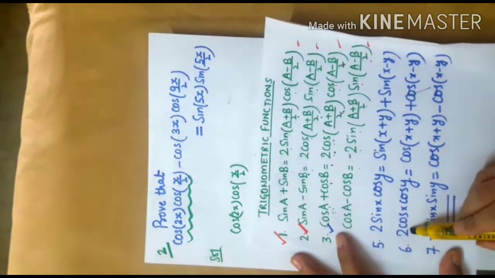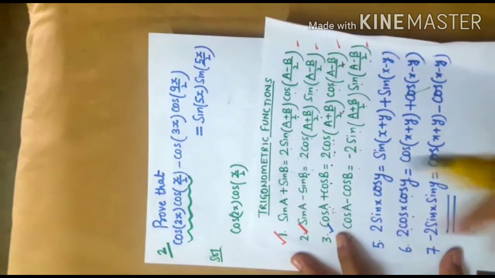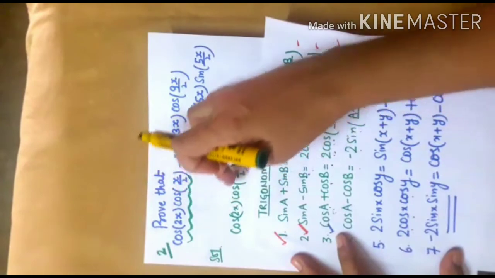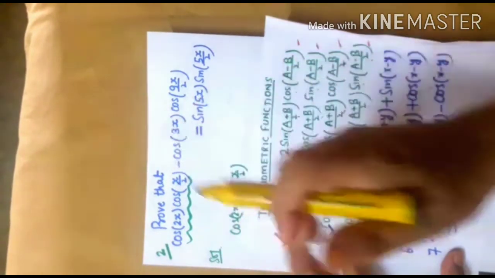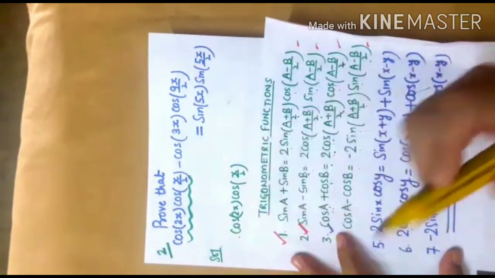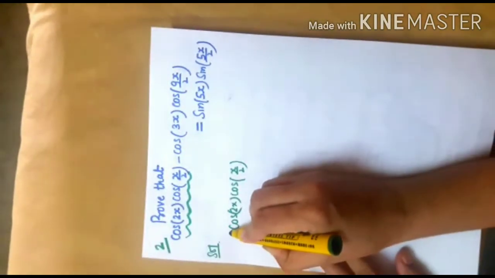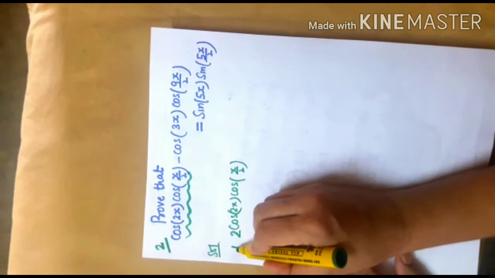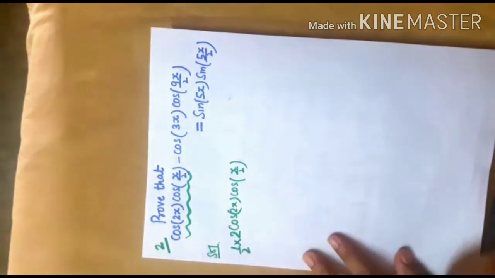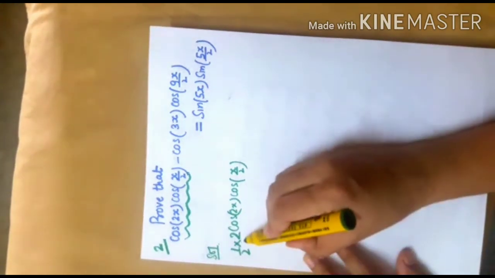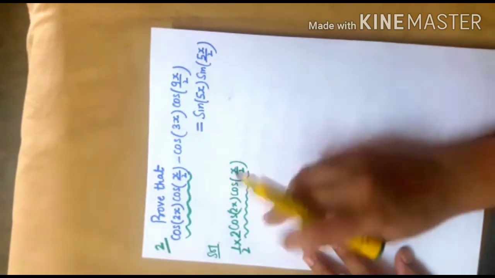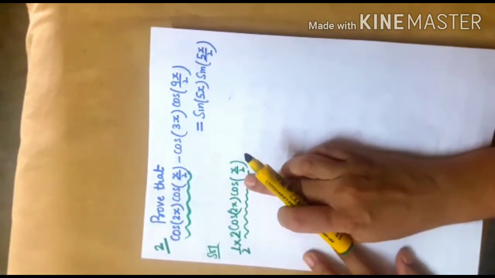Yes, it is 2 cos x cos y. Here I have got cos x cos y. I need 2 here. So what I do, I multiply it with 2 and I divide it with 2. So now this will be 2 cos x cos y, right?